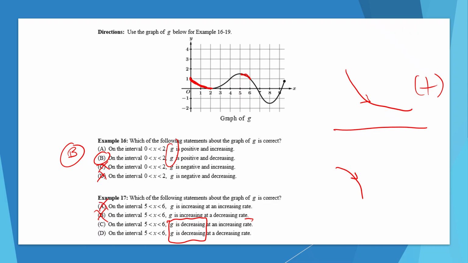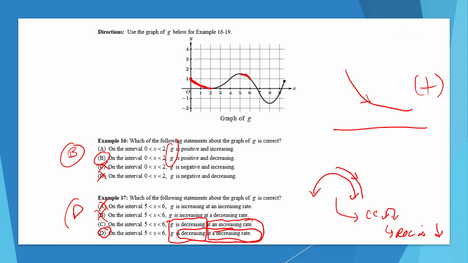And then we're asked to make a statement about the rate. How is the rate changing? Well, this portion of the graph is concave down. So concave down means that the rate of change is decreasing. So it is decreasing at a decreasing rate, making D the correct answer there.